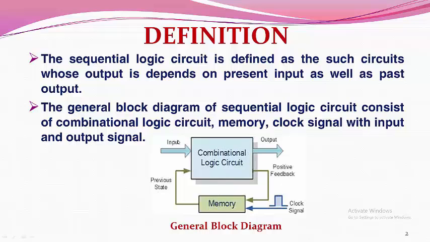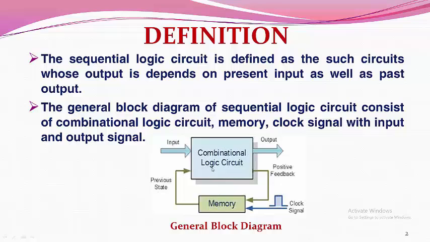Now we will see the general block diagram of sequential logic circuit, which consists of combinational logic circuit, memory, and clock signal, with input and output. The interconnection of combinational logic circuit with memory provides the complete block diagram of sequential logic circuit.